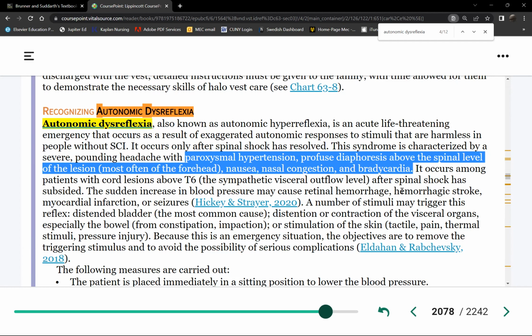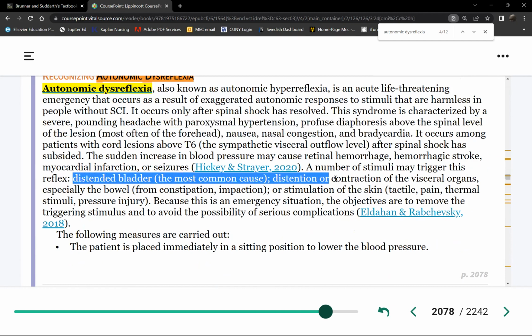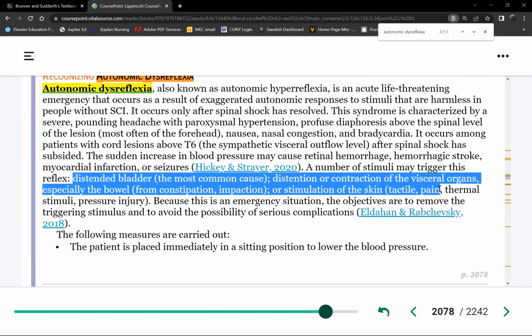What again is the most common trigger? Therefore, you will always check what first? Always check the bladder first. But in addition to a full bladder, this can also be triggered by constipation, the bowel, or pressure ulcers, or any injury.